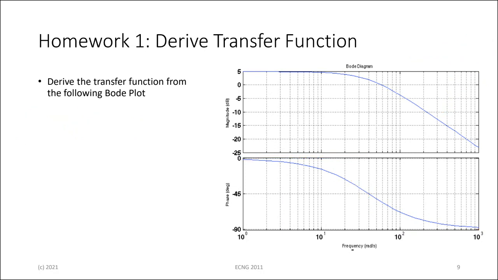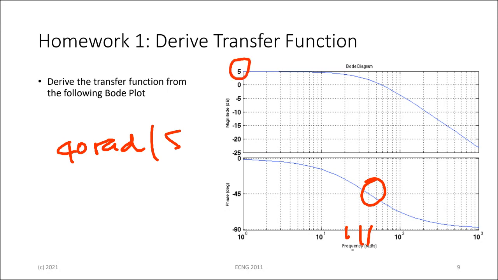We could see it on the graph that we just had here. I'll get rid of my own scratchings. If you look at that point right here, you can see that on a log scale, this is 10, this is 20, this is 30, that is 40. Right? So the corner frequency is 40 radians per second. Look at this point. That is 5 dB.